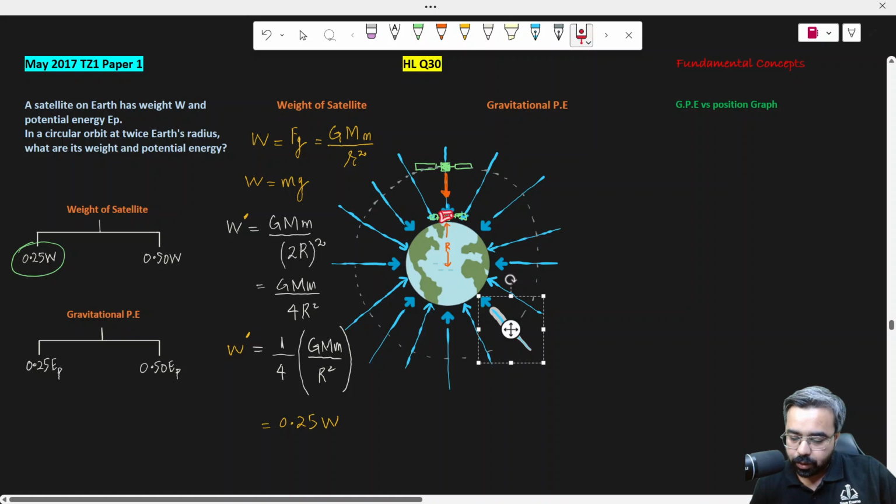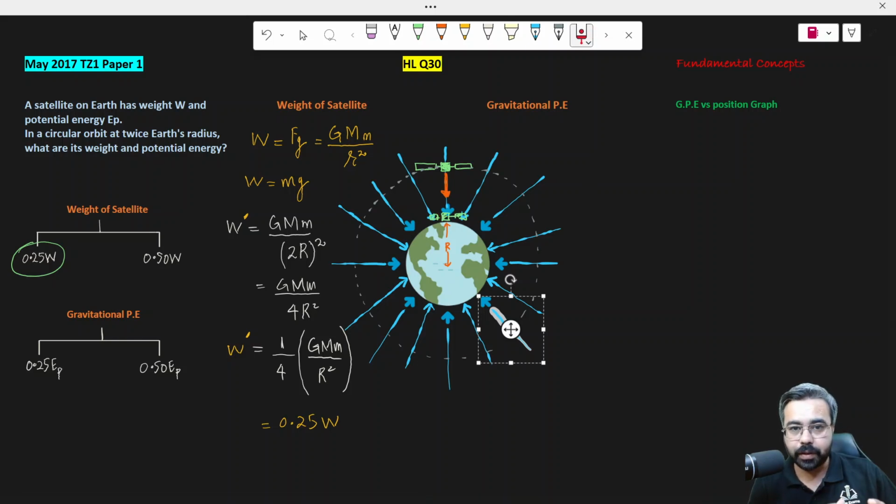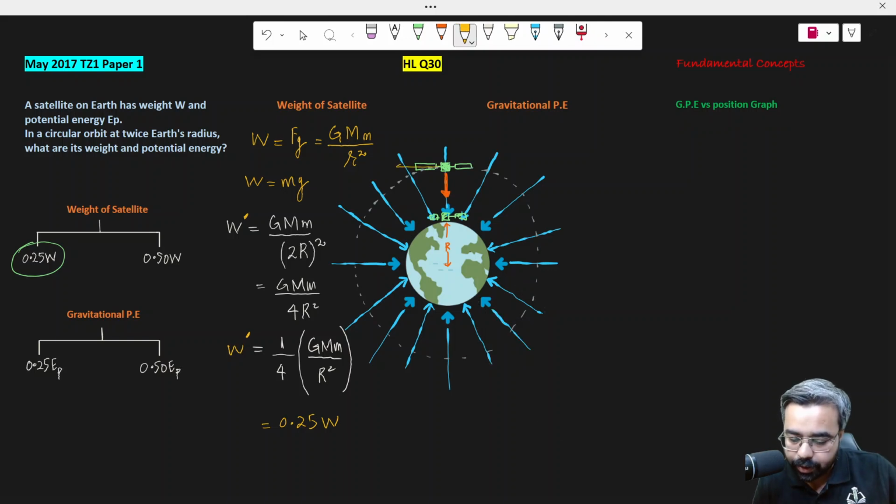Now, let's talk about the gravitational potential energy. And the interesting part of this video is that I am going to show you the graph as well. So don't skip the video. Now, when the satellite is orbiting, it will have a certain speed at that point. It will have a total energy, a kinetic energy as well as potential energy. Now, the potential energy, EP, is equal to negative GMm over small r.